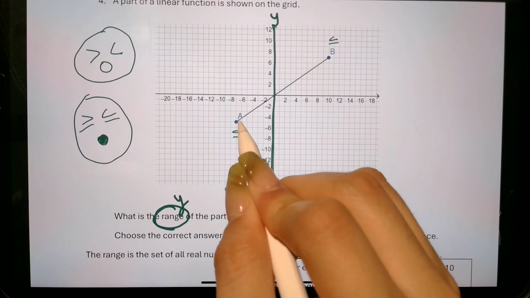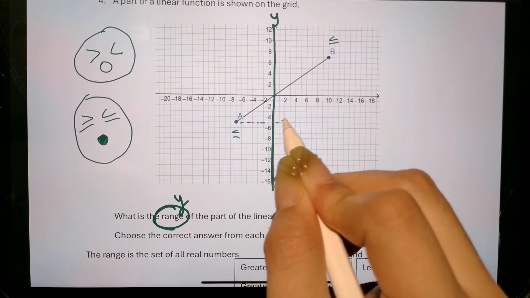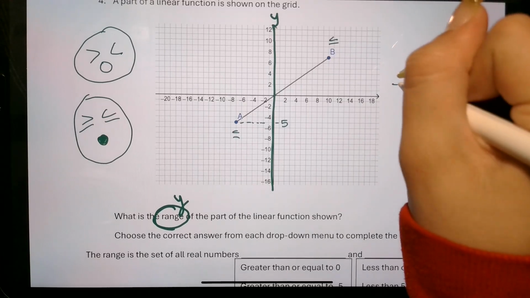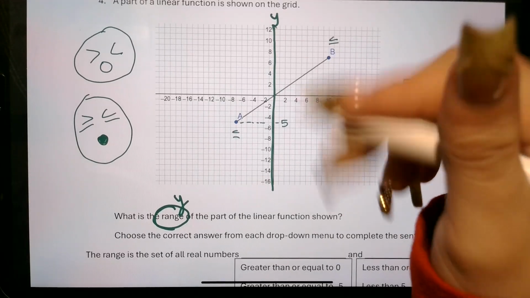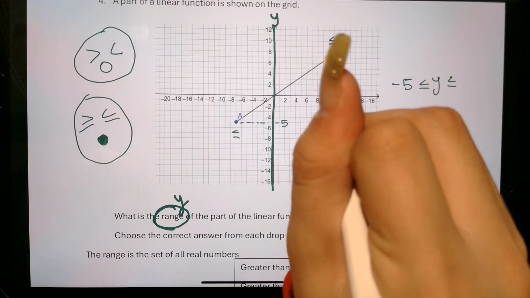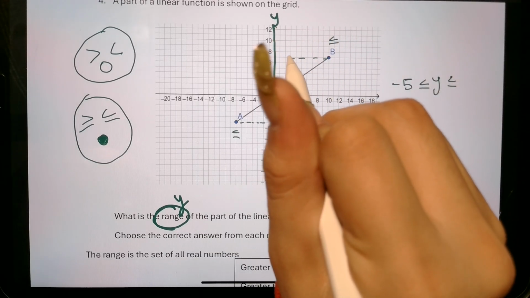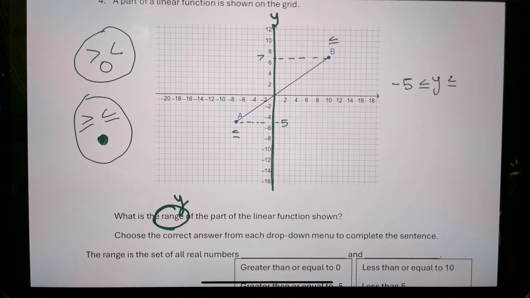Our lowest value right here is between -4 and -6, so that would be -5. So -5 is less than or equal to y, because it's the y-axis, is less than or equal to our highest value in between 6 and 8, so that would be 7. So our highest value is 7.